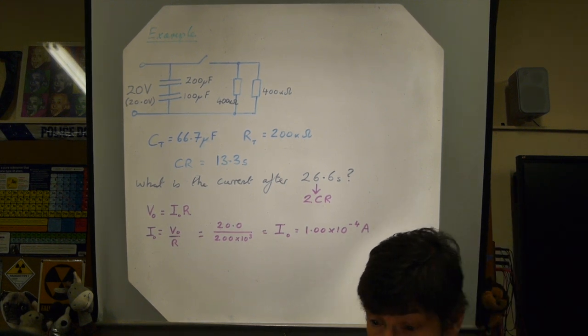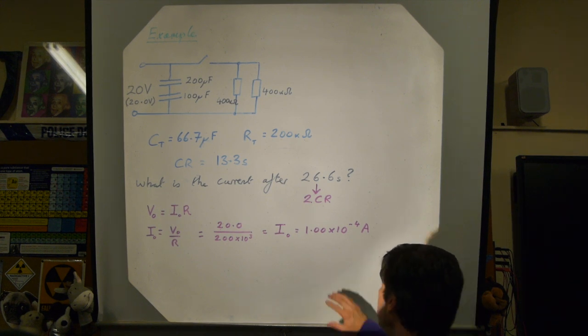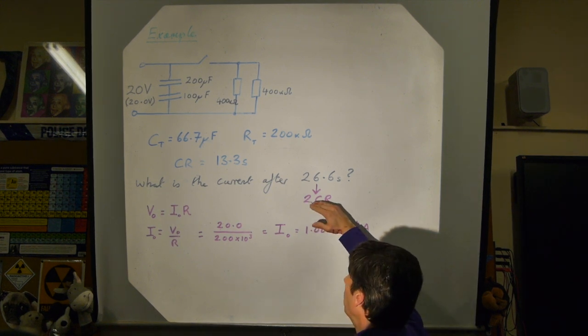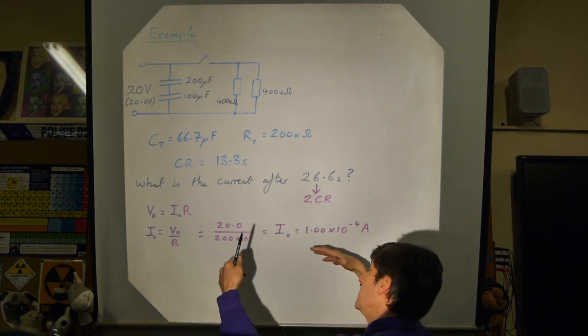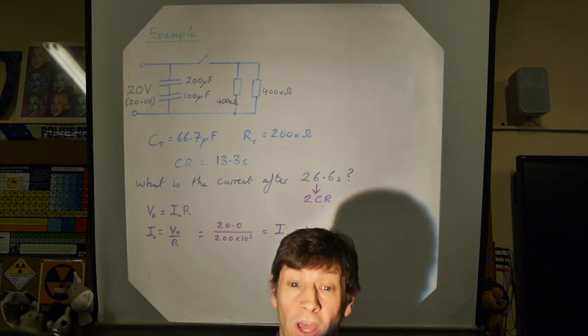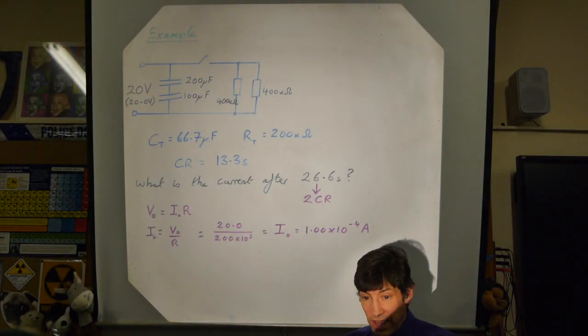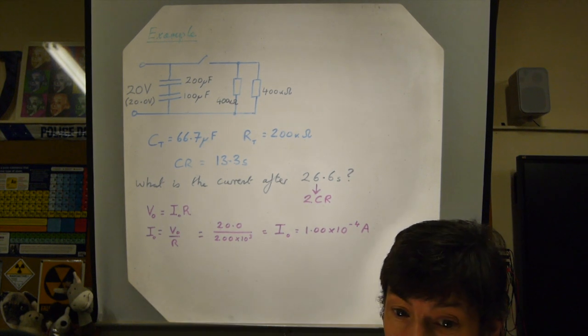So we've got the starting current. So all we've got to do is say what is it after 1 time constant, 1/E of it, and then what is it after 2 time constants, 1/E of that. So we're almost there. So let's continue working here. We've got our starting current.